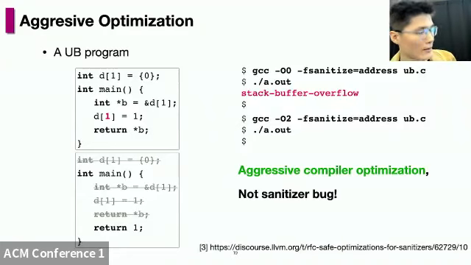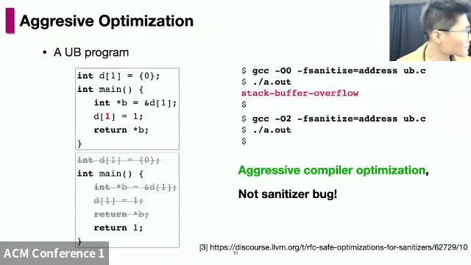The missed report is just caused by aggressive compiler optimization. It's not a sanitizer bug. There was an extensive discussion about whether or not this is something wrong with the sanitizer on LLVM, but the final conclusion from the developers is that no, they refuse to resolve this problem.